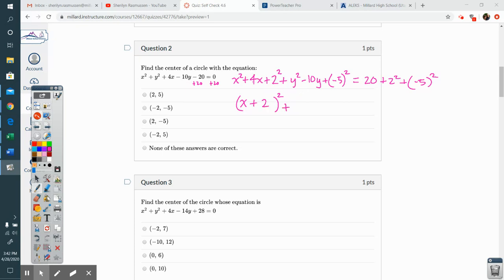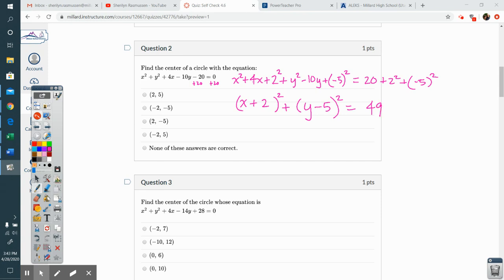Then for the y, I take whatever number I halved, which is negative 5, and it goes right there, squared, equals 20 plus 2 squared plus negative 5 squared. And that equals 49 on this side.